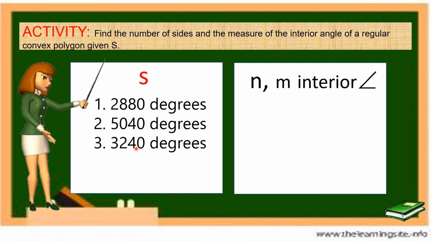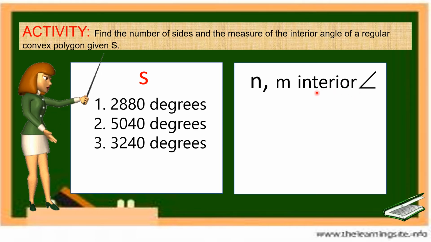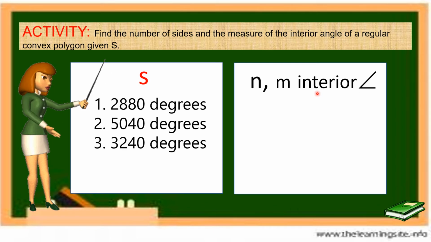I am giving you time to answer. What is the formula for finding N? N equals (S plus 360 degrees) divided by 180 degrees. And what is the formula in finding the measure of an interior angle? The measure of an interior angle equals S over N. So, I am giving you time to answer.